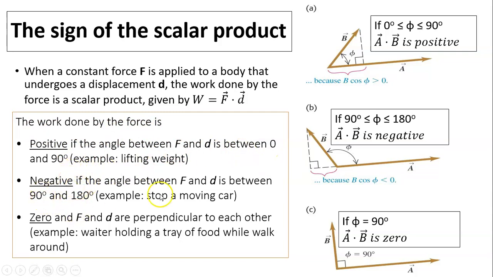It is negative when it's kind of like dragging, like you're walking a dog and doing negative work. And a waiter holding a tray is doing no work. Remember that? That is because work is the scalar product of force and displacement.